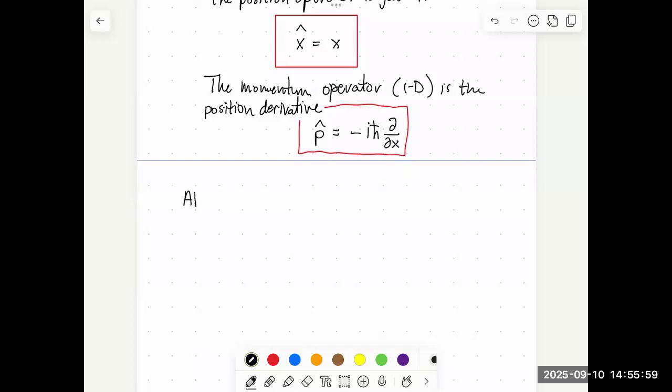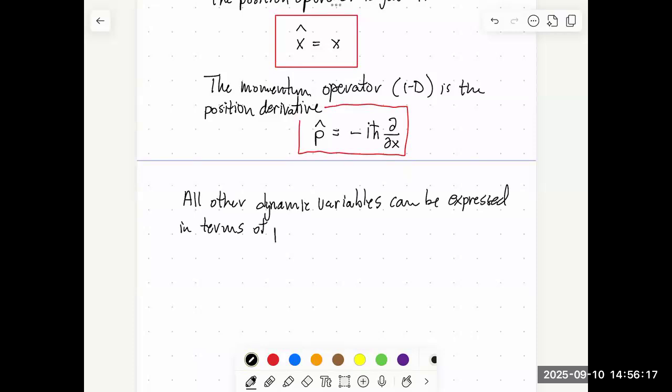There are other dynamic variables, and they can be expressed in terms of position and momentum. I'll give you some examples of that.